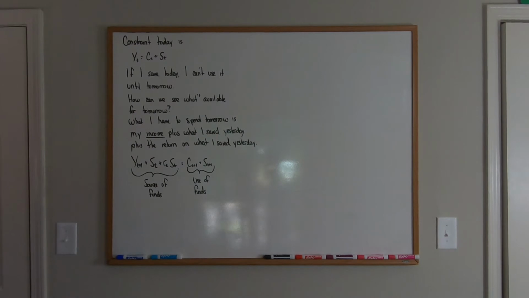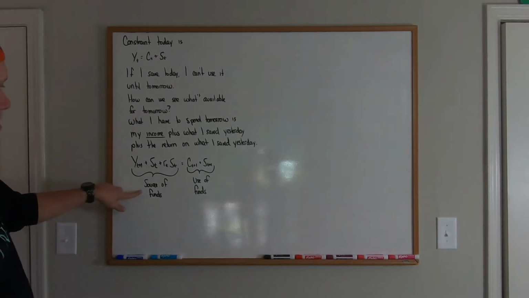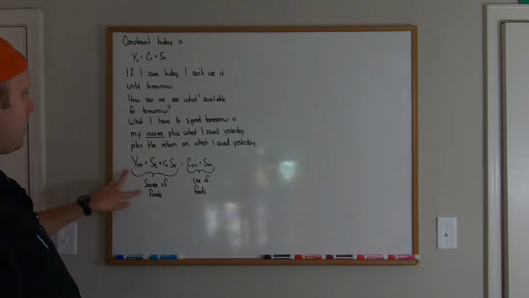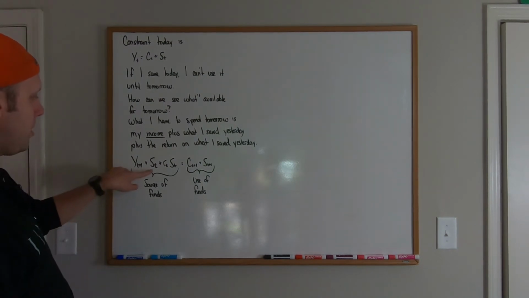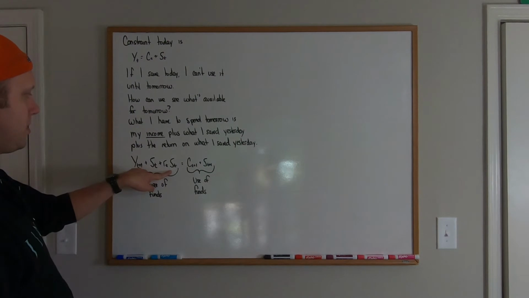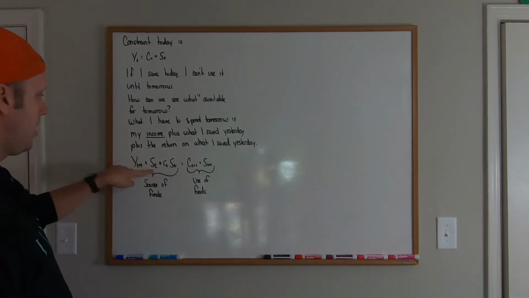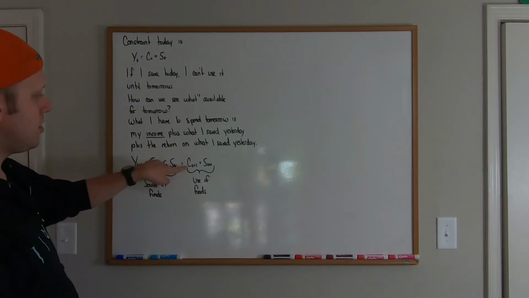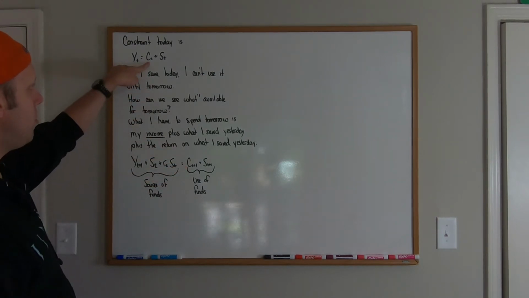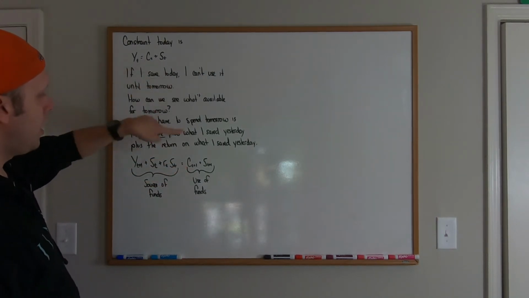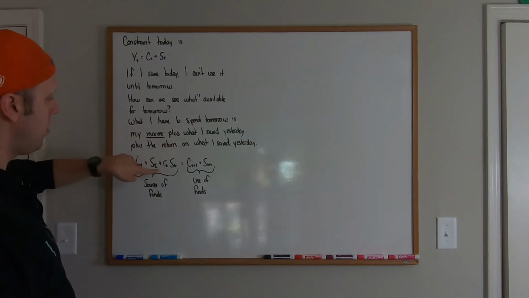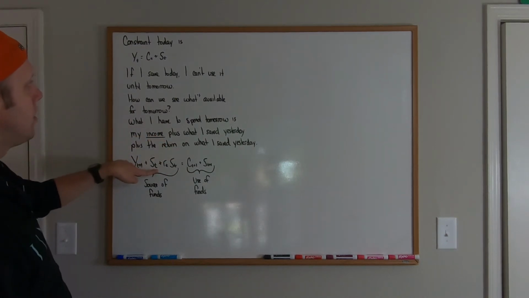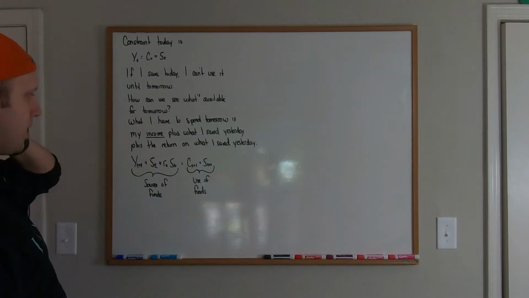So in the event that we borrow, the source of funds at Y_t+1 is not going to be plus S_t plus r_t times S_t. It's going to be minus this sum here, which means I can't consume as much tomorrow. So if I want to consume more today by borrowing, I have to consume a lot less tomorrow by paying back what I borrowed in the first period.